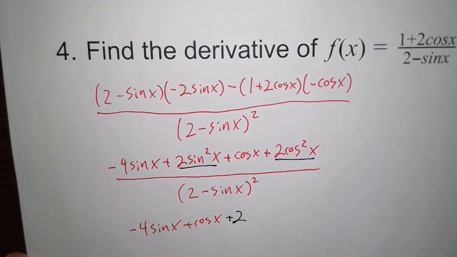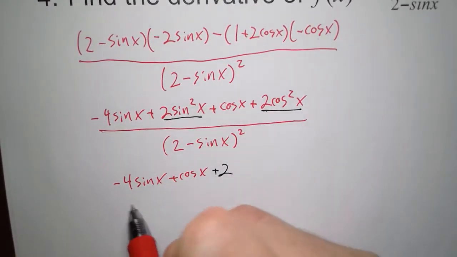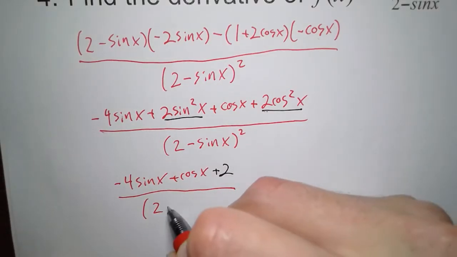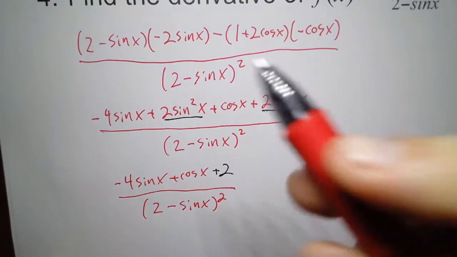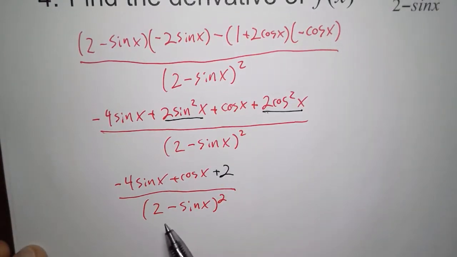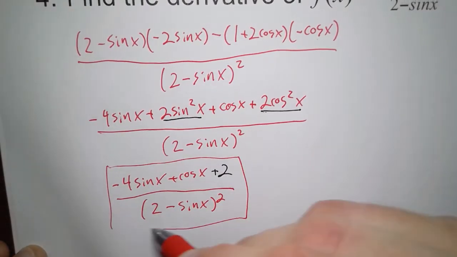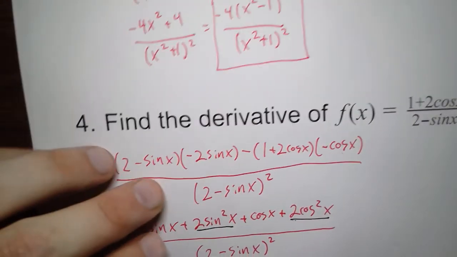That's what happens with these two. Sine squared plus cosine squared equals 1. 2 sine squared plus 2 cosine squared will equal 2. So 2 minus sine of x quantity squared. And we cannot cancel this with any quantity up here, so that is our derivative. So let's go on to number 5.